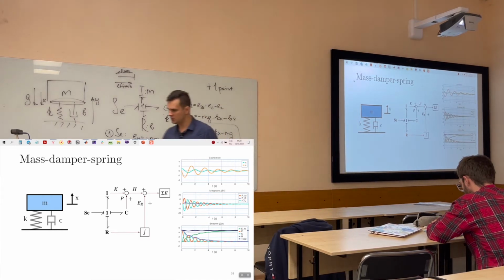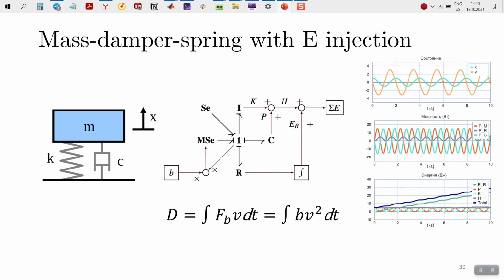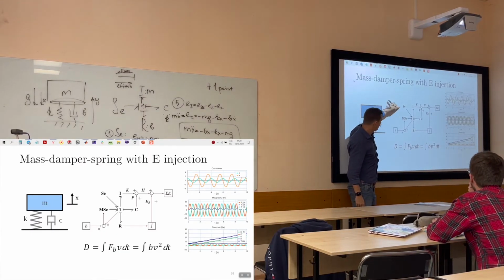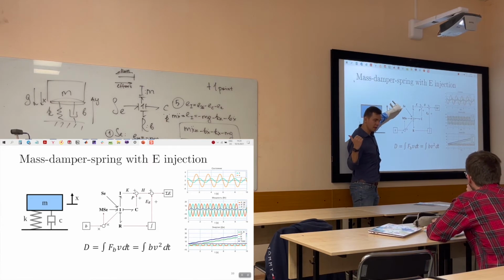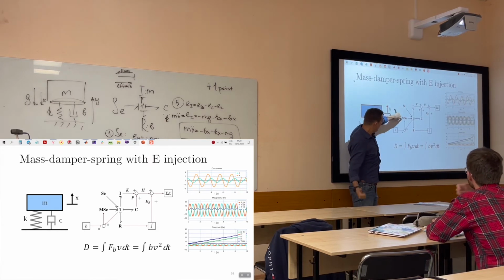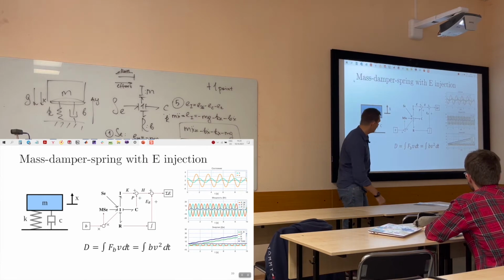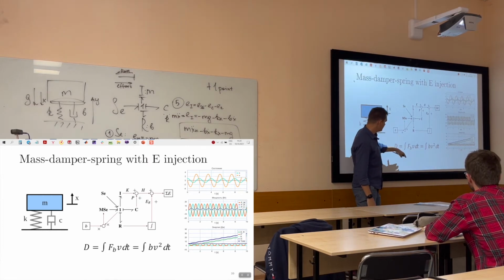So here you can see another bond graph. It's the same bond graph, but here there are two sources of effort. It's the same that we already had, the gravity, and this one is modulated. It does not mean that it's constant, there is a function, and this function equals this stuff.